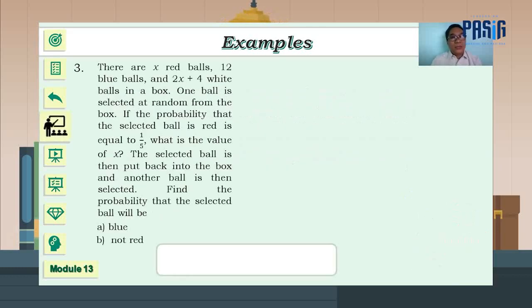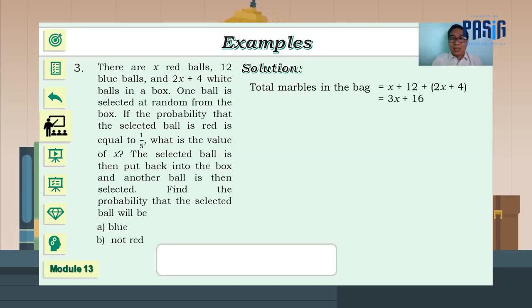Okay, what we are going to do first is to find the total sample space, which is red, blue, and white. So we have X for red, 12 for blue, and 2X plus 4 for white. So we have the total marbles in the box is 3X plus 16.